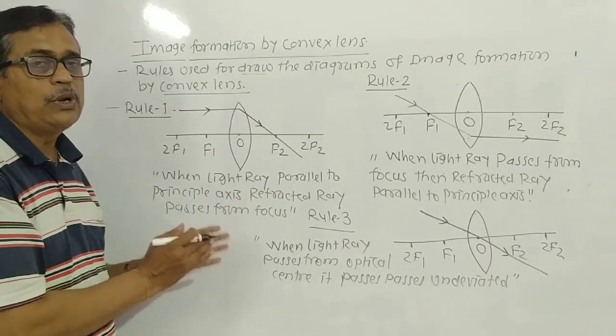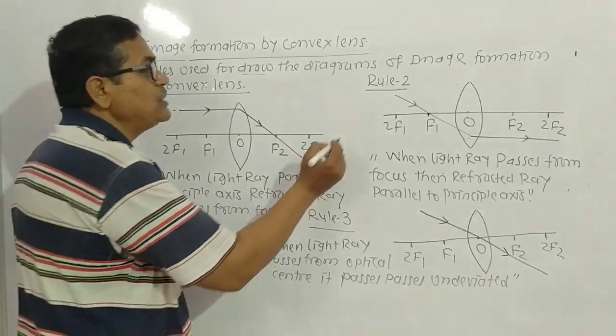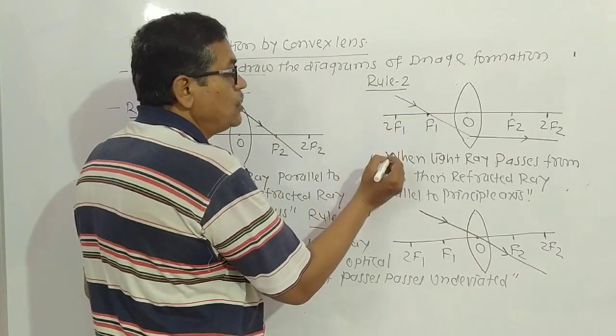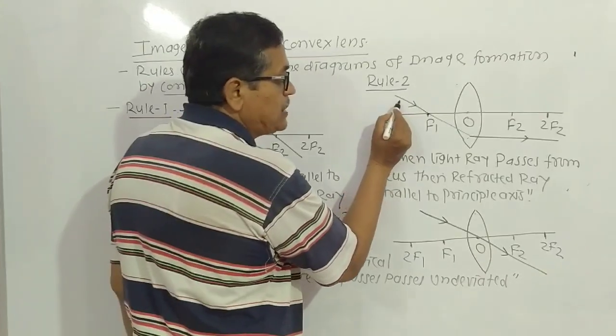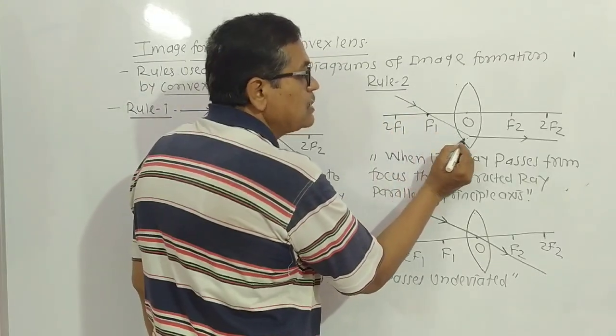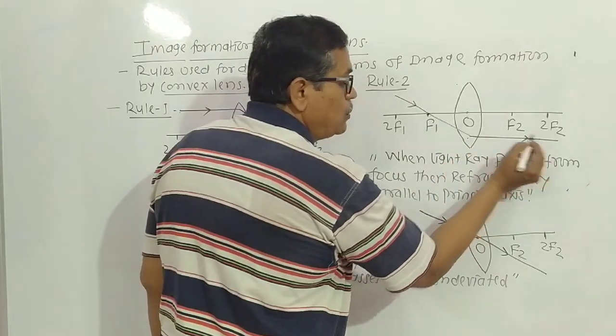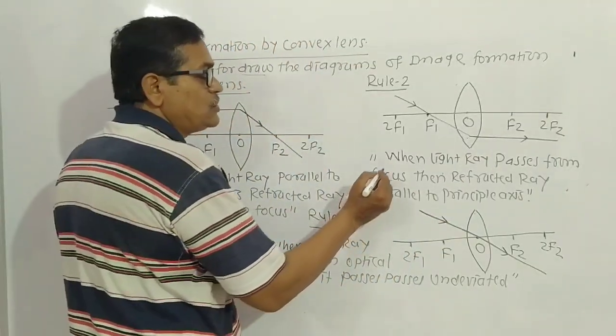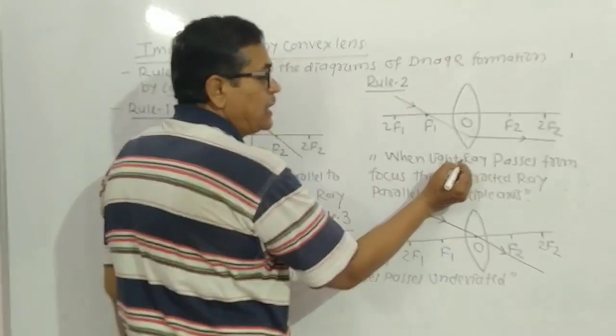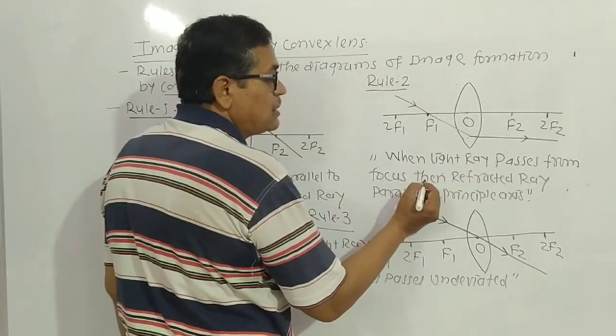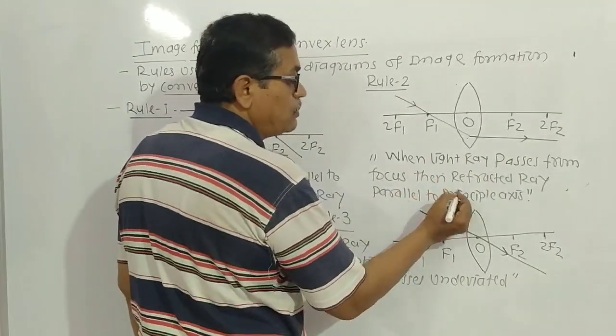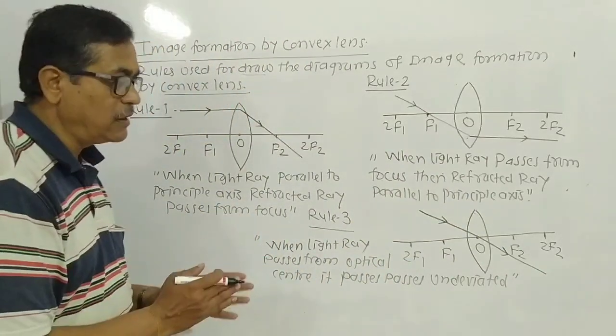That is rule number 1. Then what is rule number 2? Here light ray passes from focus, then refracted ray is parallel to principal axis. Means look here, when light ray passes from focus, then refracted ray is parallel to principal axis. That is rule number 2.